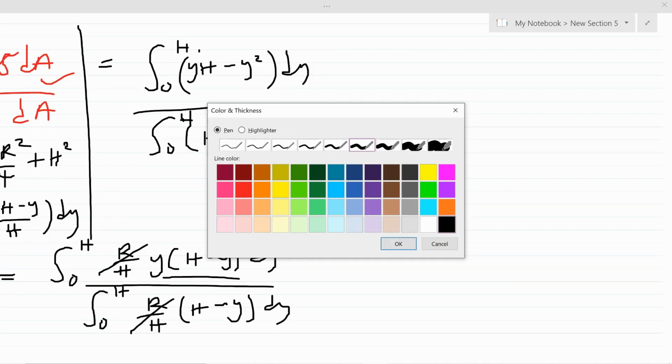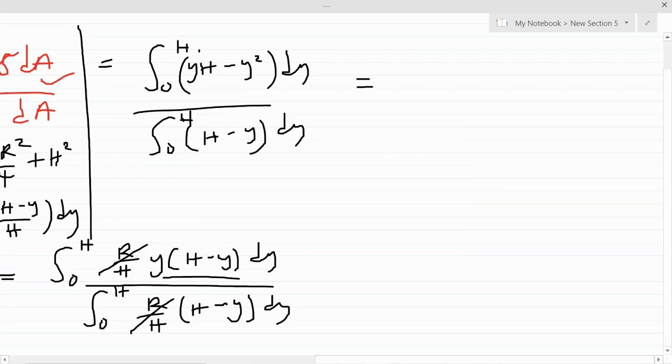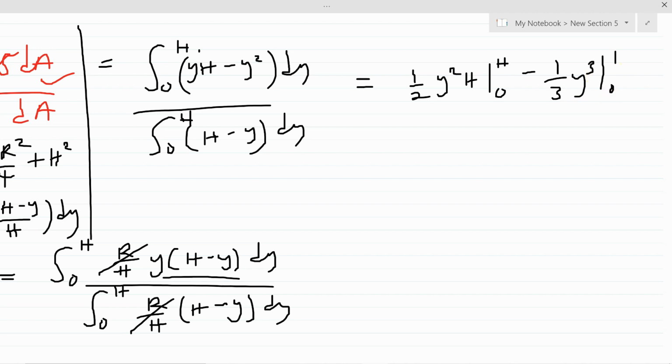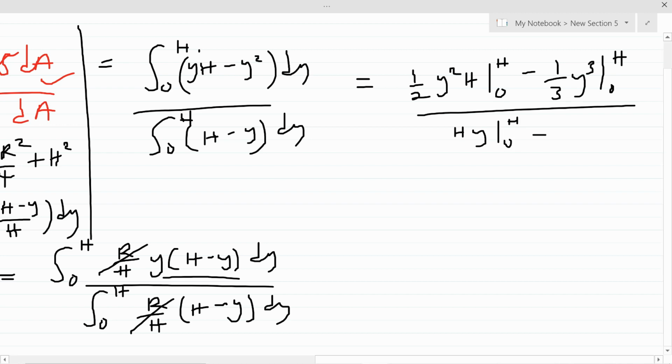Now this is equal to, when I integrate yh with respect to y, I get 1 over 2 y squared h from 0 to h, then minus, when I integrate y squared with respect to y, I get 1 over 3 y cubed from 0 to h, all over, I integrate the down part, I get hy from 0 to h, minus 1 over 2 y squared from 0 to h.